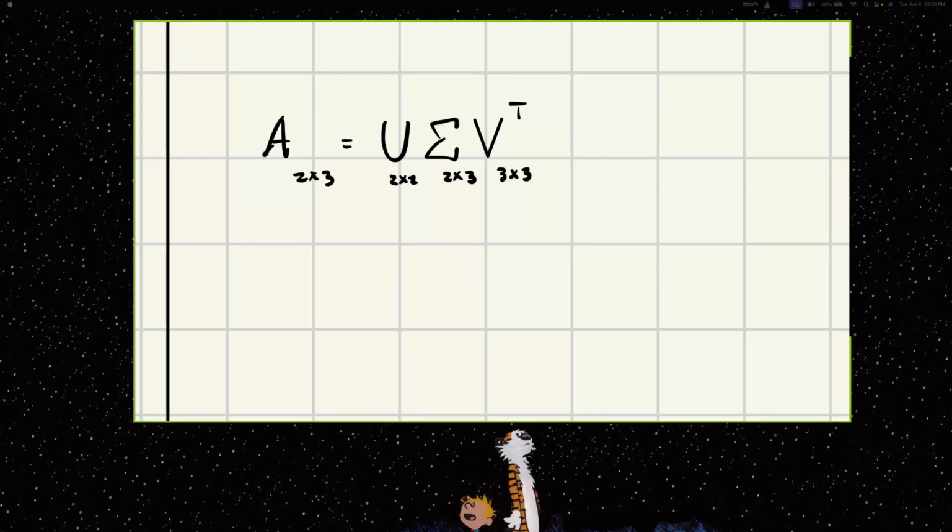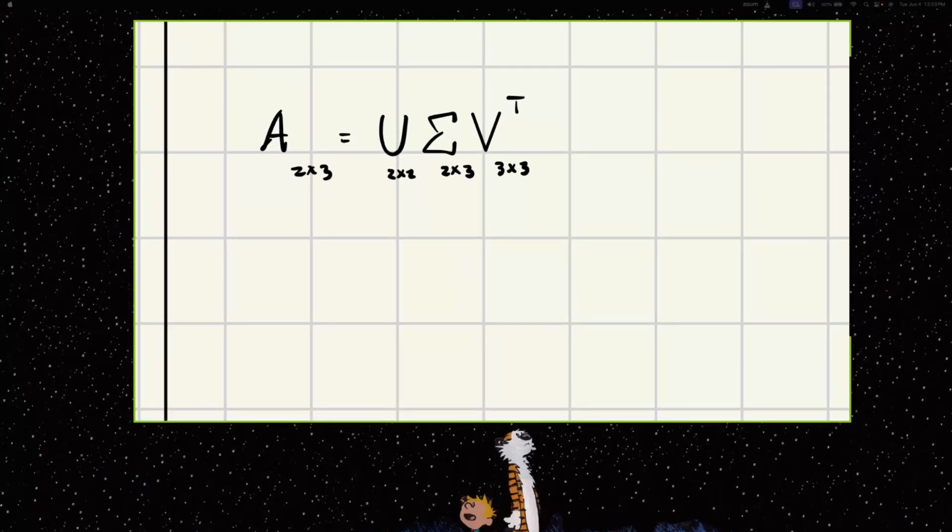Okay, and so now the first step we want to do is actually find the singular values so we can form sigma. So what we need to do is compute the eigenvalues and eigenvectors of A transpose A. Now, for some of this work, I'm going to skip over some of the monotonous computation, like the matrix multiplication, but I'm going to write it out, and you can feel free to check it with a matrix calculator.